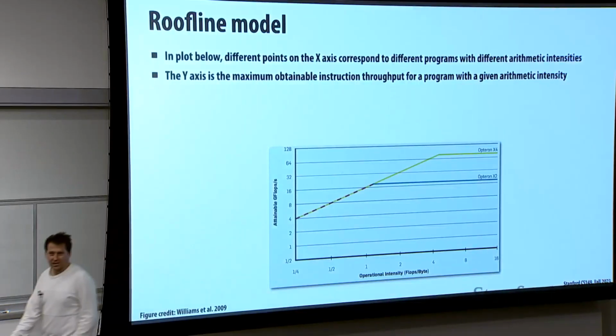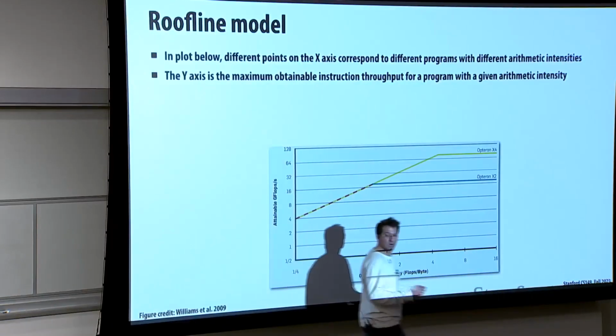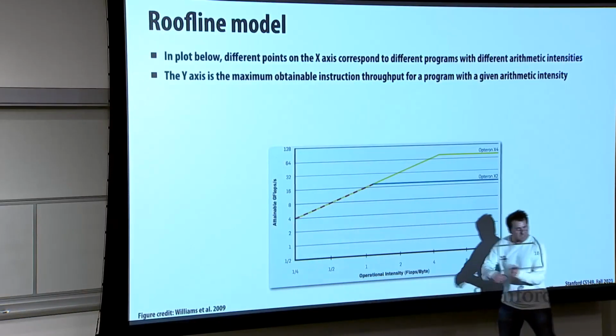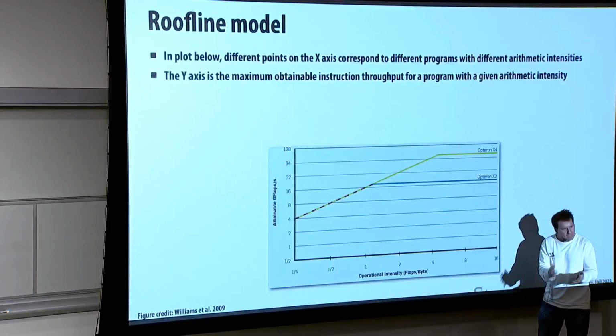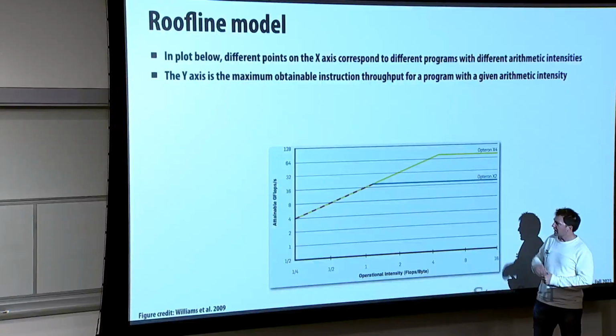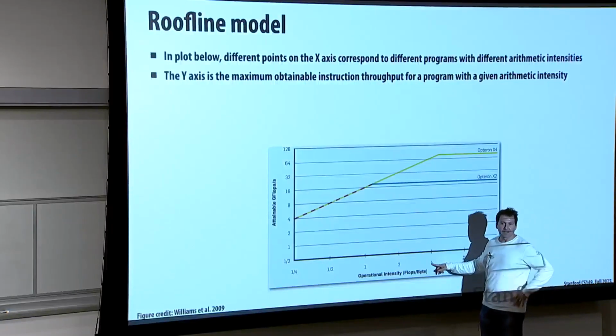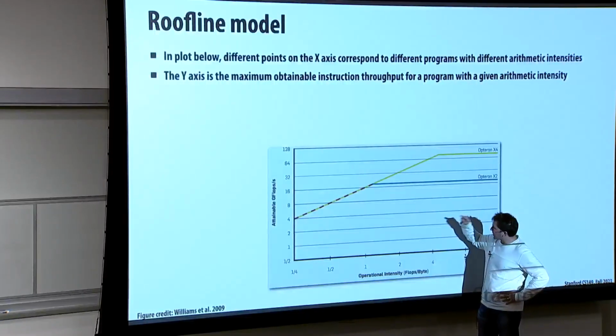But okay. So now imagine you have a program, and somehow you look at your code and you know what your arithmetic intensity is. Like you look at the main loop, you did this in program 1, and you're like, okay, let's say I'm at arithmetic intensity 4. And then you run it, and you compute that you're right here on the graph.